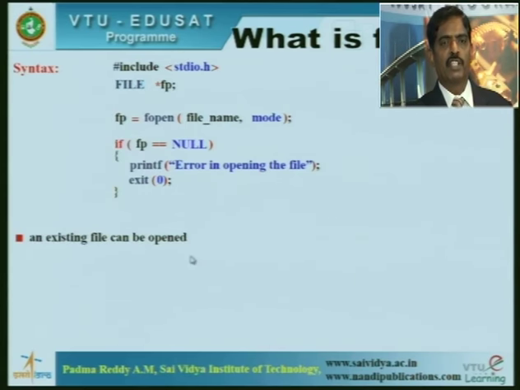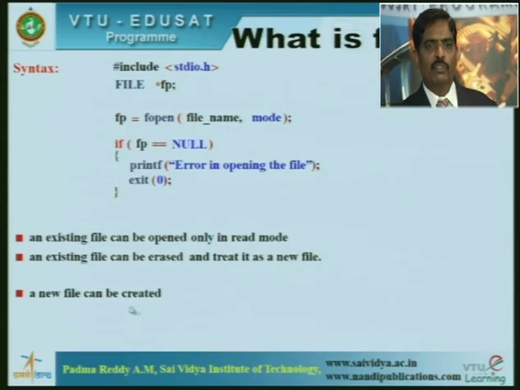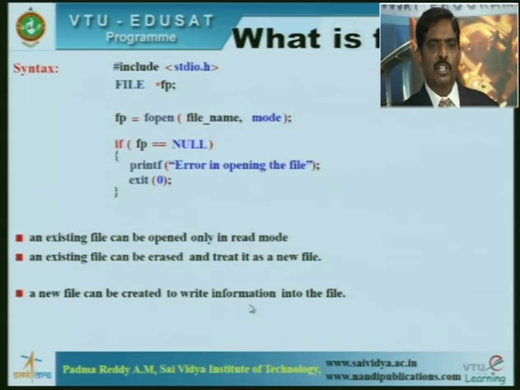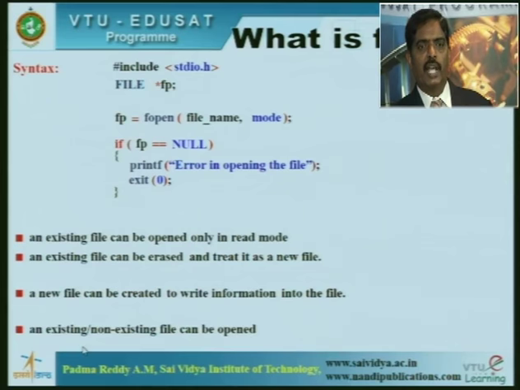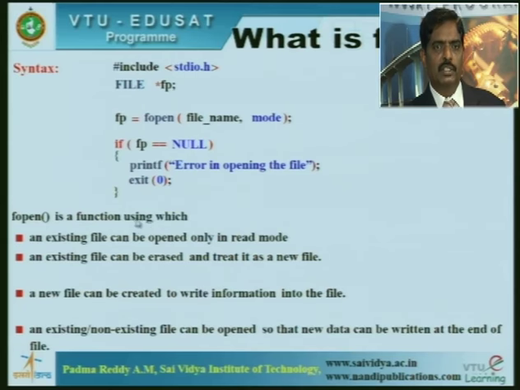Now, an existing file can be opened only in read mode. Point number 2, an existing file can be erased and we can treat it as a new file. A new file can be created to write information into the file. Another point is that an existing or non-existing file can be opened so that new data can be written at the end of the file. So fopen is a function using which an existing file can be opened only in read mode using the mode R. An existing file can be erased and treated as a new file.